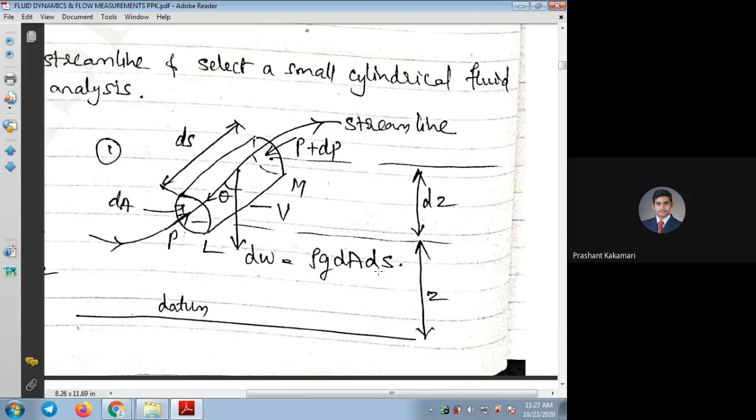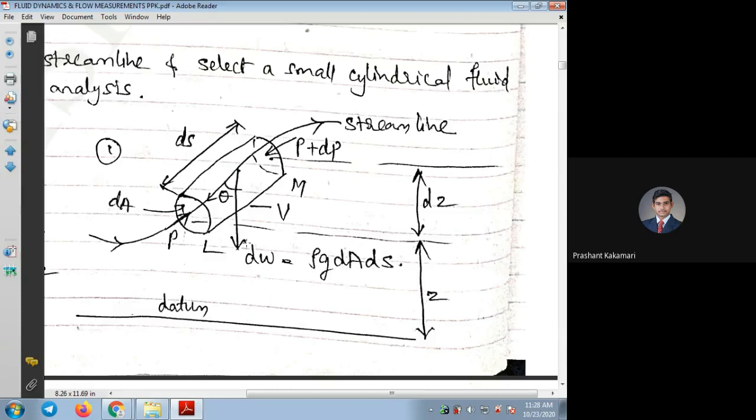Here for the small weight dw, we can write rho g, density into gravitational acceleration, into the cross-section area of this fluid particle, dA, and the given length of this fluid element, ds. That is nothing but volume, rho g V. So the cross-section area is dA and the length is ds. This becomes the small weight of the small fluid particle, which is acting downward because of gravitational force.